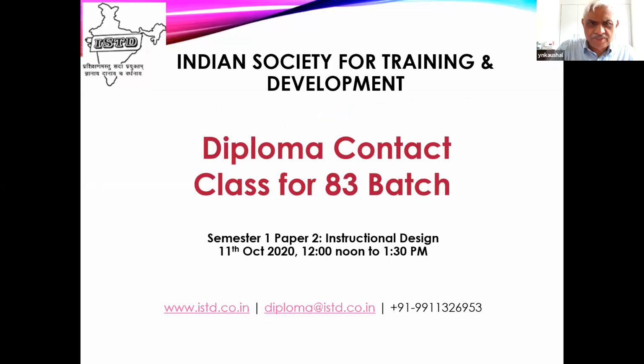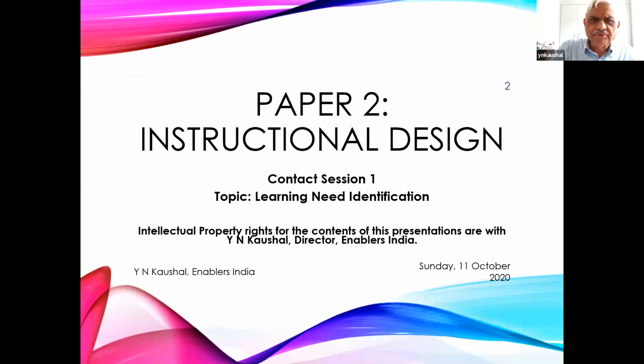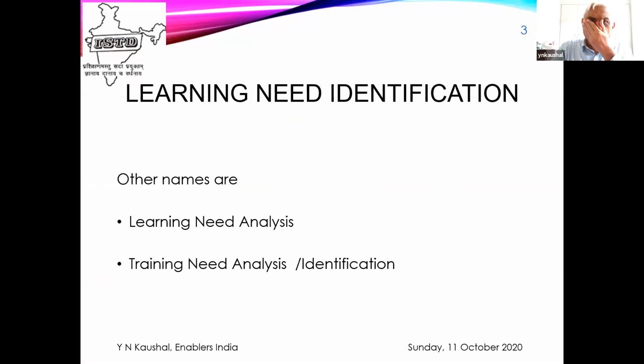There will be different nomenclature used. For example, I would be using this nomenclature called learning need identification. We don't look at training need identification, but we focus more on learning need identification.